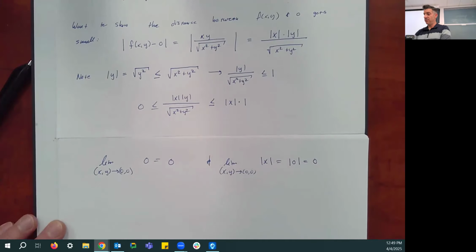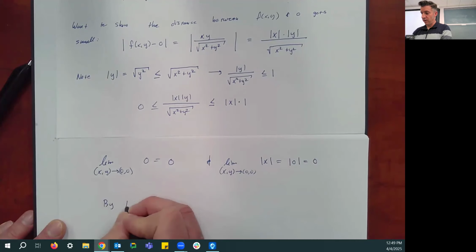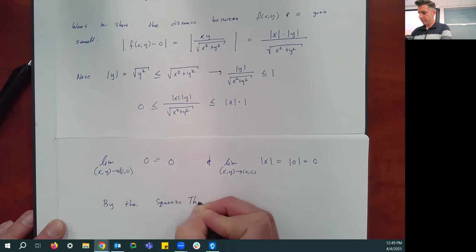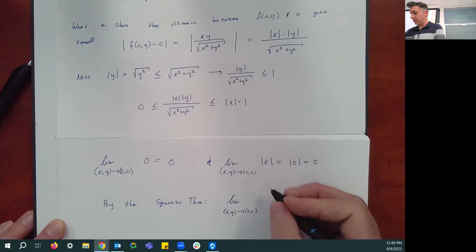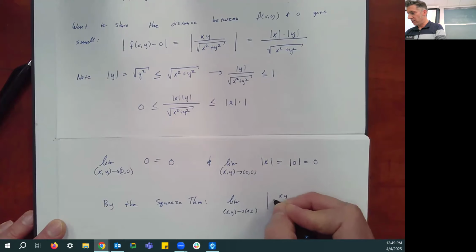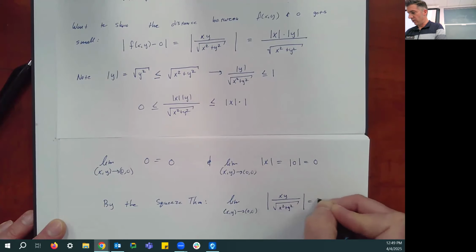And then again, by the squeeze theorem or sandwich theorem, whichever way you like to say it, the limit as x, y approaches 0, 0 of the original thing we started with, which was the absolute value of xy over the square root of x squared plus y squared, is equal to 0.